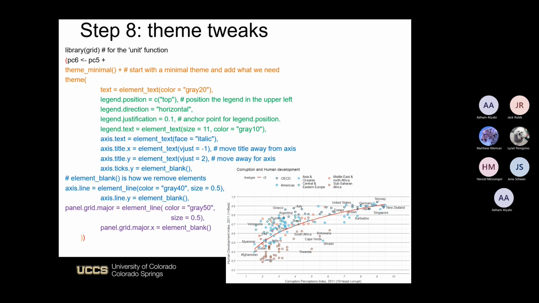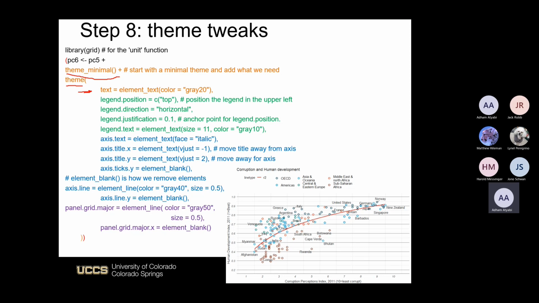So we need to adjust some of the theme elements and label the axes and legends. And this part usually involves some trial and error in order for you to figure out where things need to be positioned. But the way that we did it in here is we started with a minimal theme, and then we added another theme on top of that, where we set the text to a text color of gray 20.